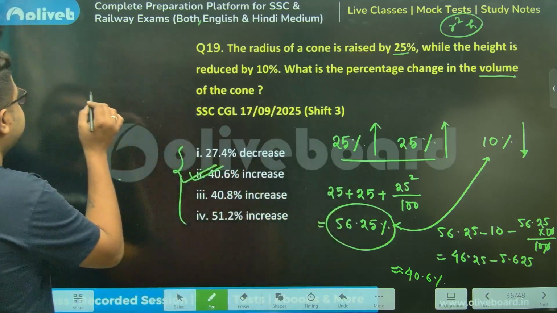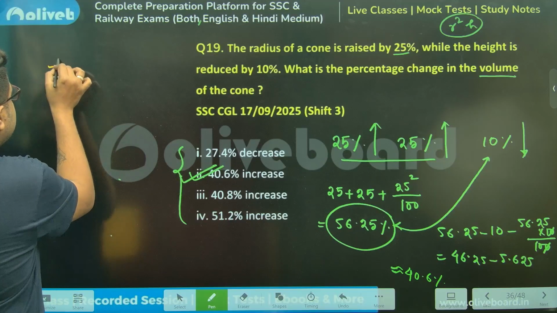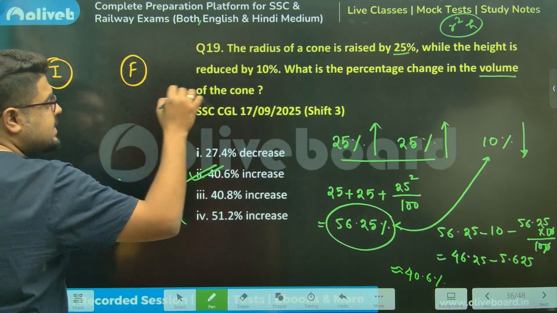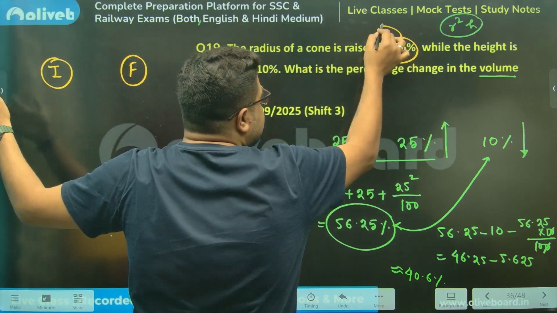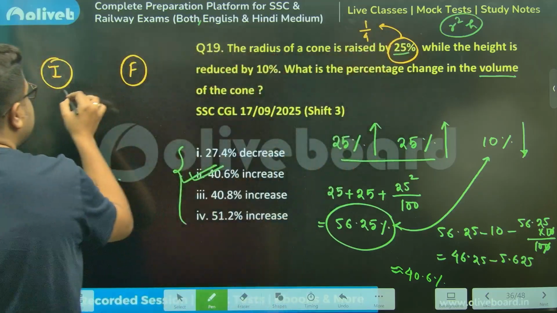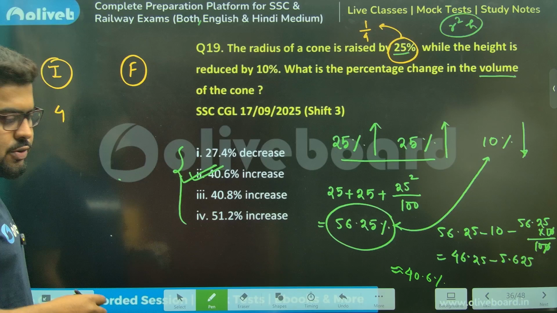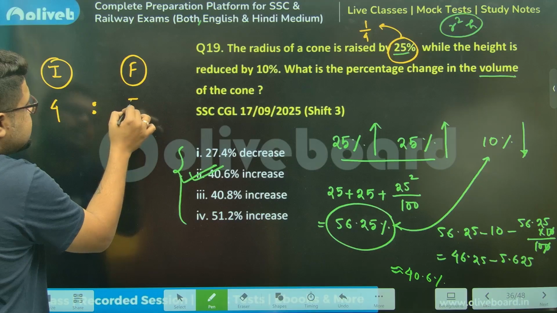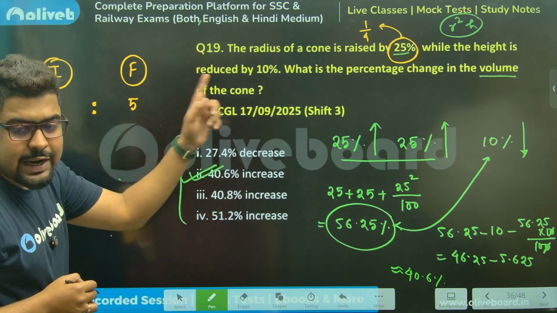How to use this. So ratio deals with initial and final values. So 25% means increment of 1 by 4. Meaning if my initial radius was 4 units, now it has increased by 1, so it has become 5. But I don't need r, I need r square.